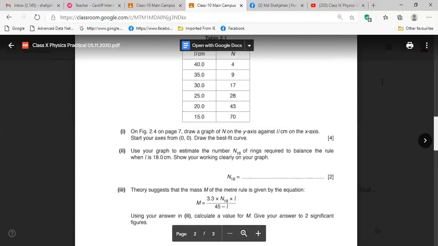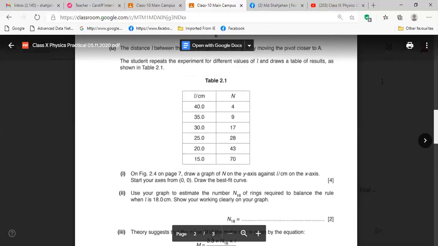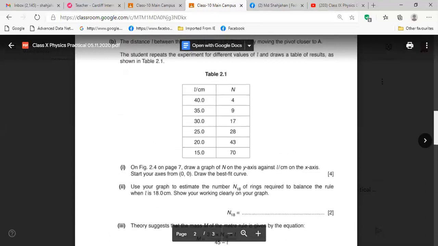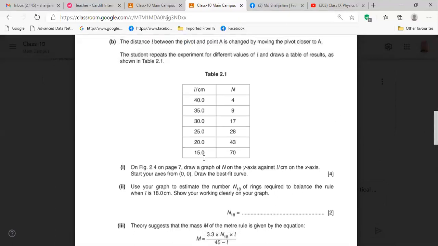Okay, Aisha, how many squares are in your x-axis on the graph? 20. X-axis 20, like Moshi. Then go till 16. 4 squares will be 10.